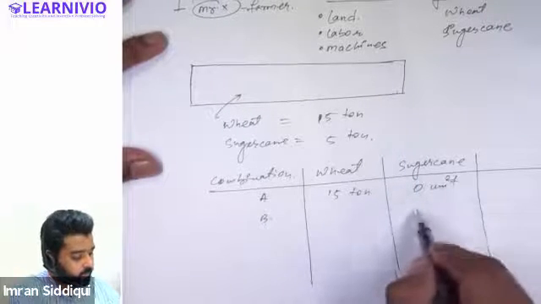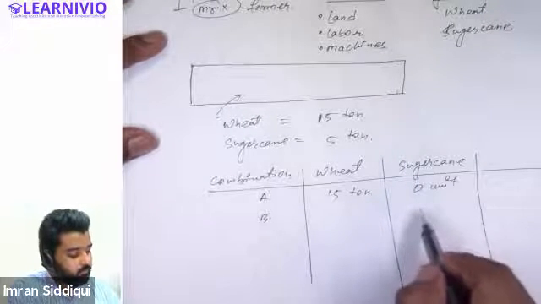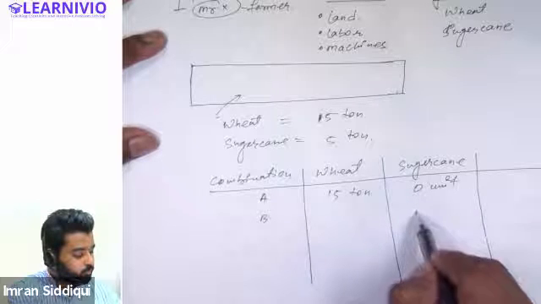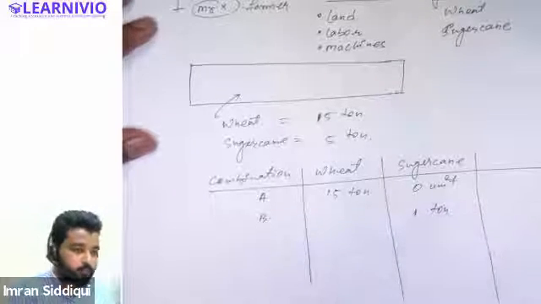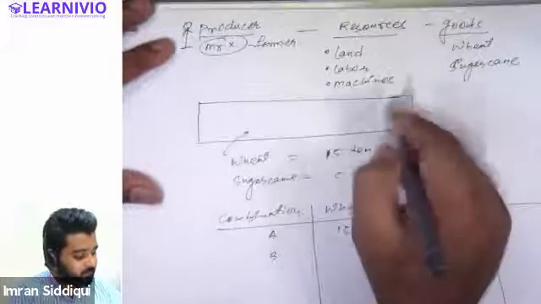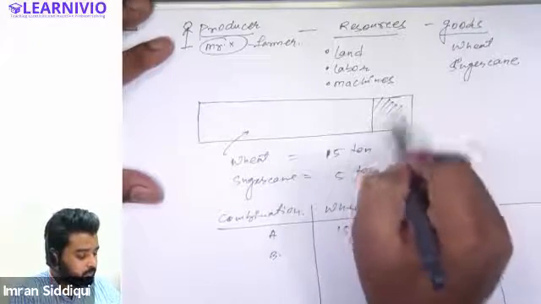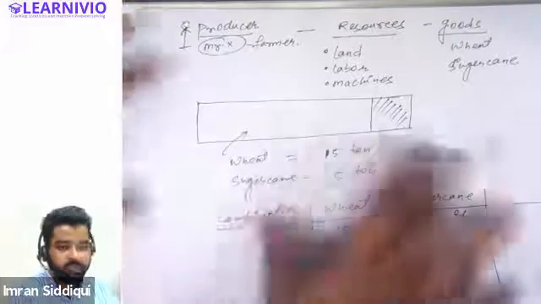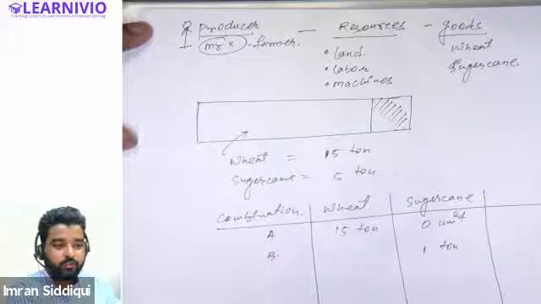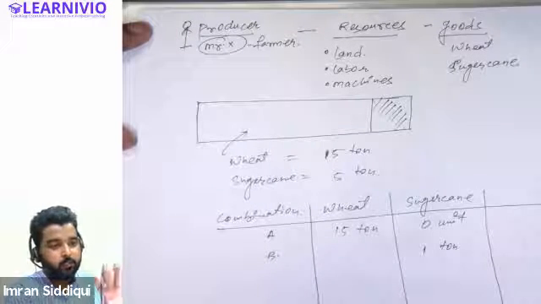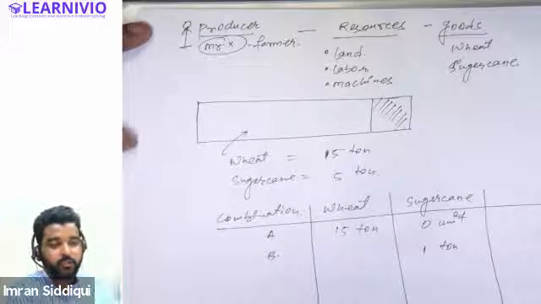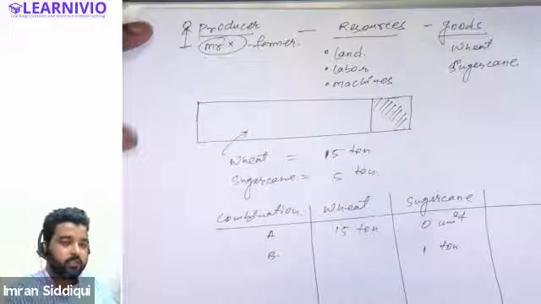Now, suppose he wants to produce 1 ton of sugarcane. In that case, he will be dividing the land for the purpose of sugarcane also. Now sugarcane will be produced in this particular field. Labor will be allocated for the production of sugarcane. Machines will also be allocated for the production of sugarcane, right?